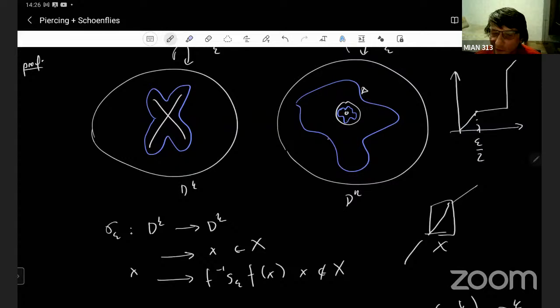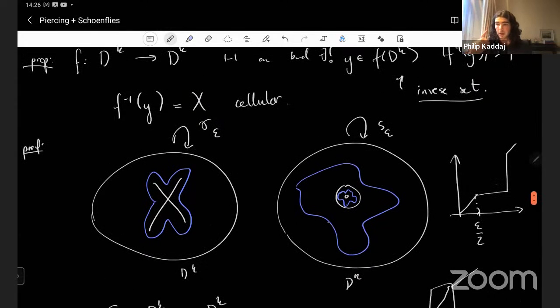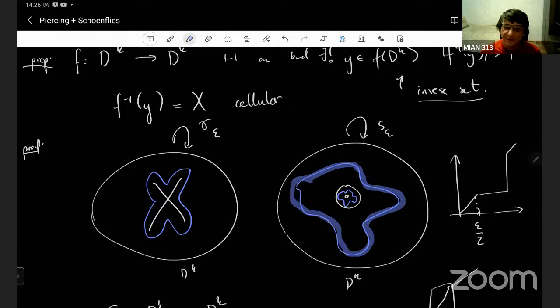Are you assuming that the boundary goes into the boundary? No. Oh, I see, I said it's one-to-one on the boundary. But then you just have the image of the entire disk, and that's your first blue set, isn't it? Yes, that's this set. Okay, I now see.